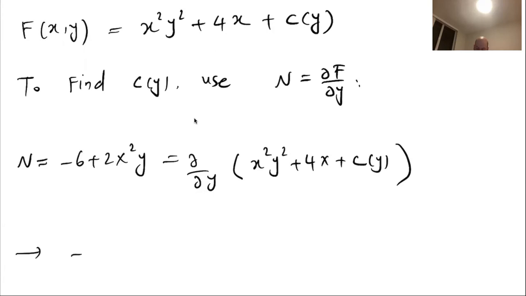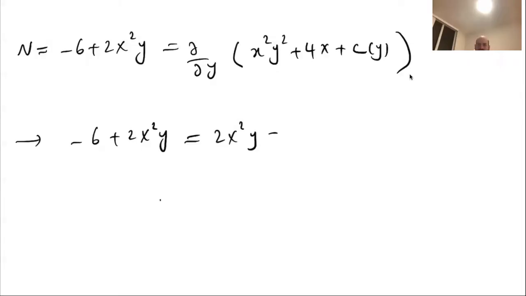So that means minus 6 plus 2x squared y equals the derivative with respect to y of x squared y squared, which is 2x squared y. The derivative of 4x is 0 with respect to y, and the derivative of c of y will be c prime of y.